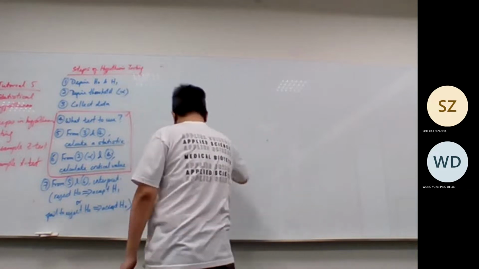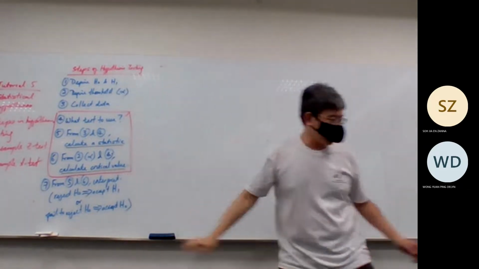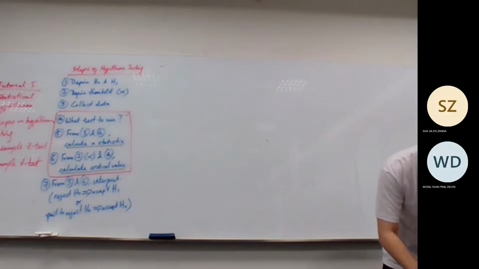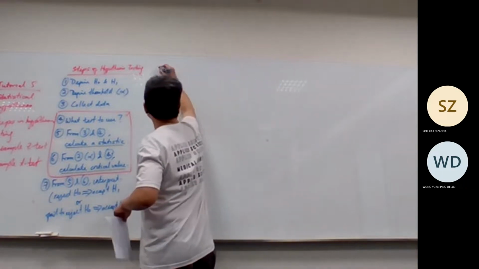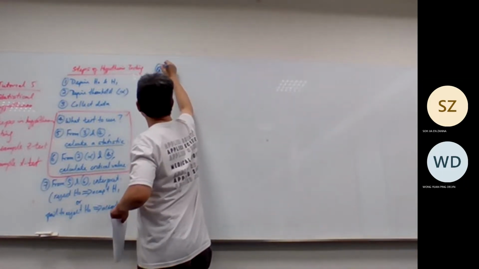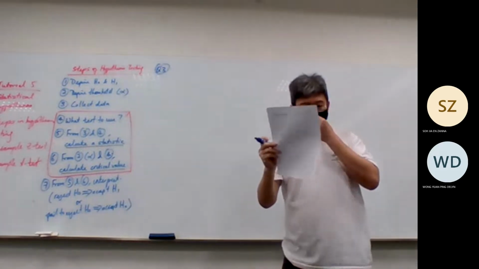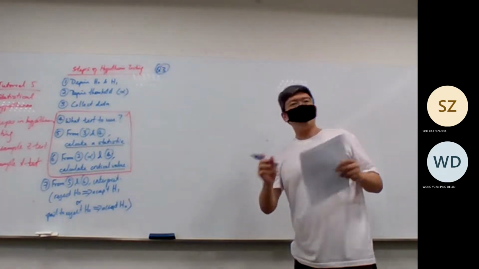Rather than giving you more talk, I'll show you an example. So let's deal with question number 3. What do you have for question number 3? Let's take down what we know.